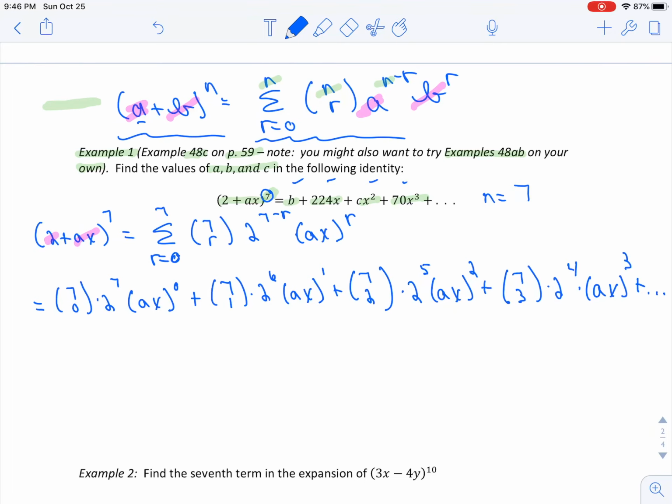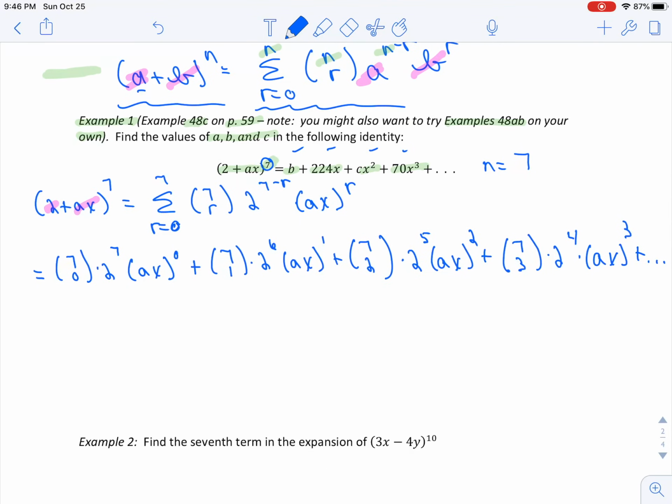So now if we simplify this, and I'll let you verify this with your own calculations, 7 choose 0 is just 1, 2 to the 7th, and then this to the 0 power is also just 1, and 2 to the 7th is 128. Plus, over here, 7 choose 1 is 7.